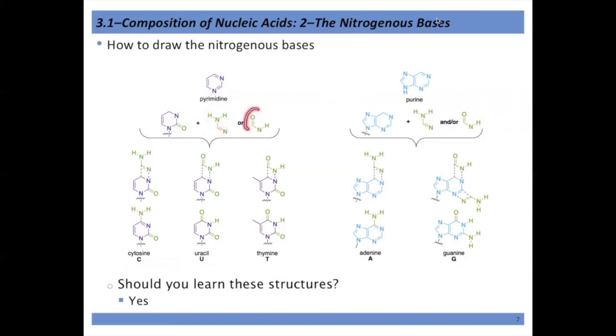If we have a carbonyl group, then that nitrogen in the ring will actually have an H. So let's see how that works. If we take this group here and we mix it with this group right there, all we do is come in, notice that this nitrogen will match up with that nitrogen, and we just end up with that portion right there. And that is cytosine.